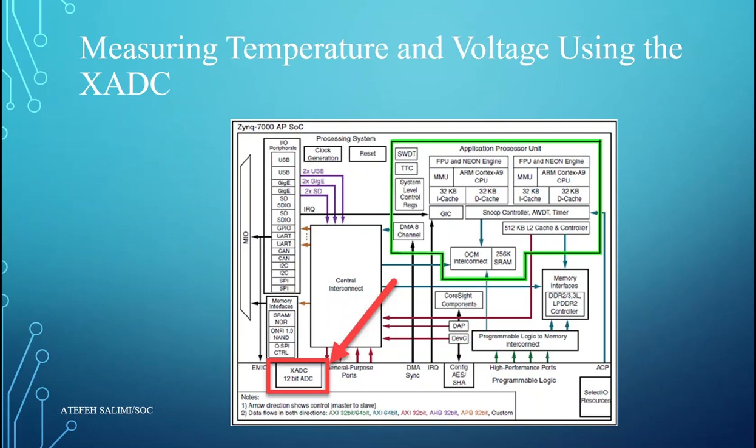Everyone, in this video, I want to talk about the way of measuring temperature and voltage using the XADC. The XADC is a block that, as you can see in this figure, is located inside the PL section of the Zynq 7000 device, but it's also made accessible to the PS through dedicated interfaces.